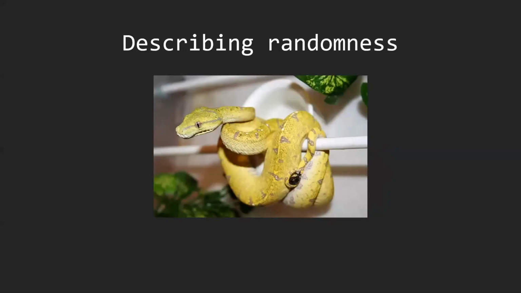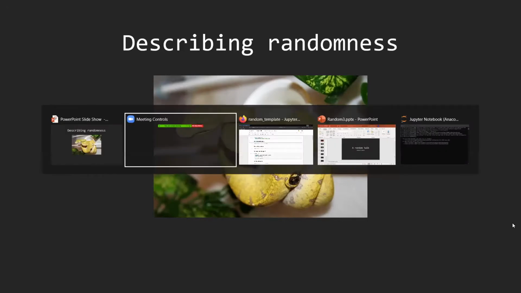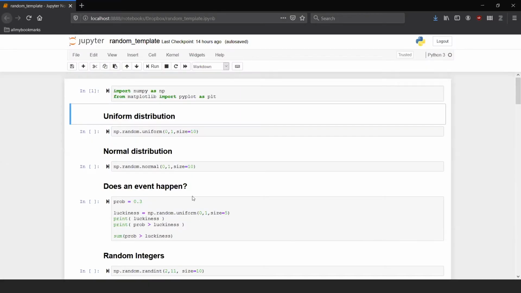When we do that, let's first simply go through some basic functions in our favorite reptilian programming language and see what we would use to describe some super basic random things. So let's go to the Jupyter notebook.